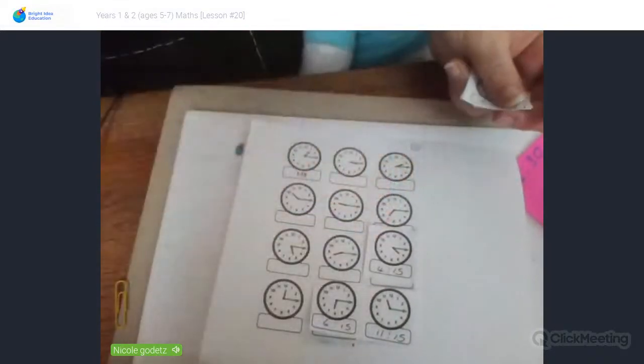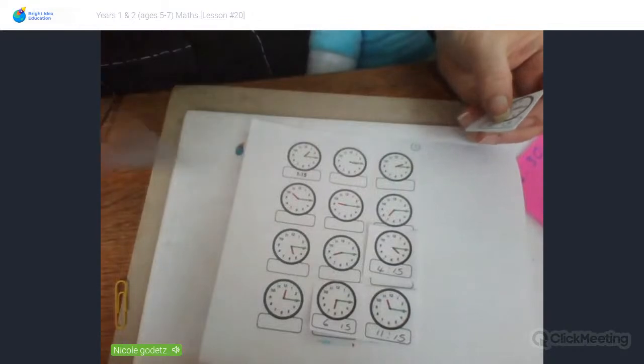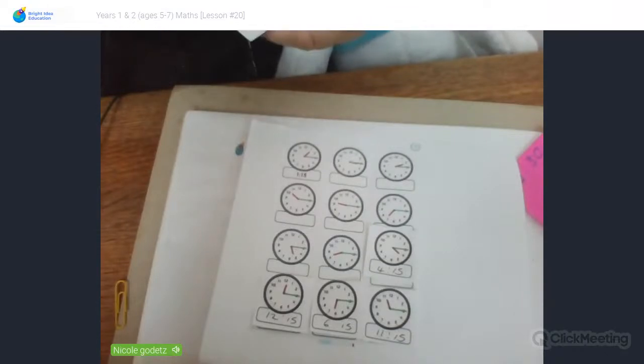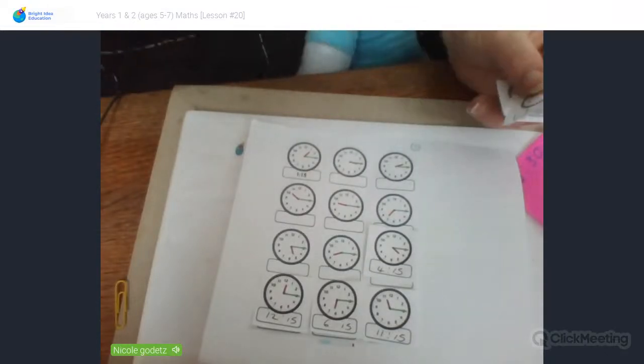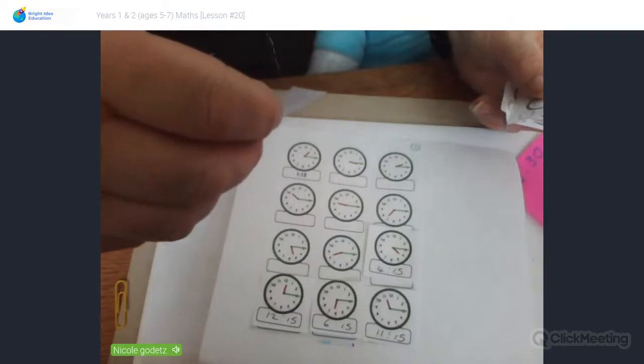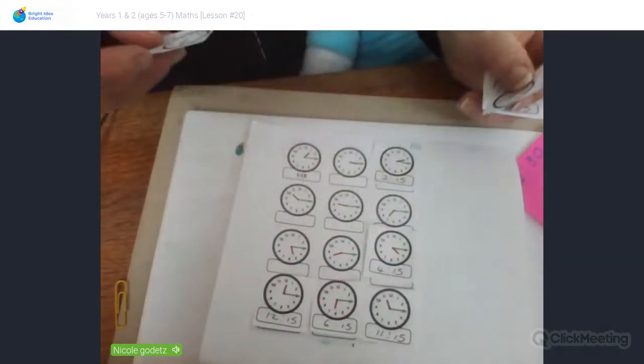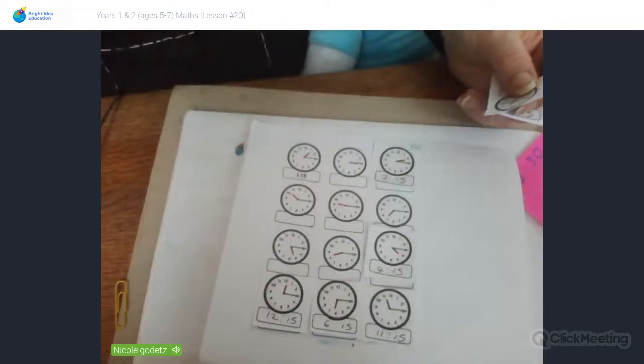Then we have 12:15. Then we have 2:15. Then we have 3:15.